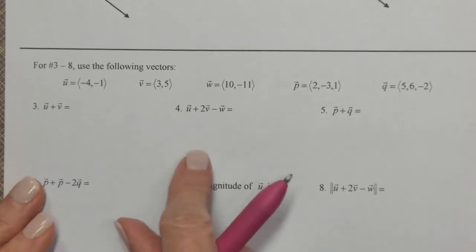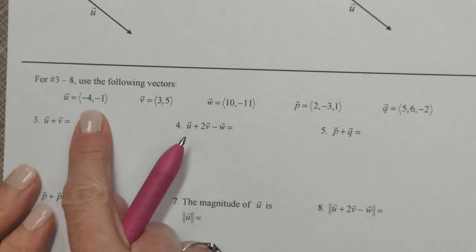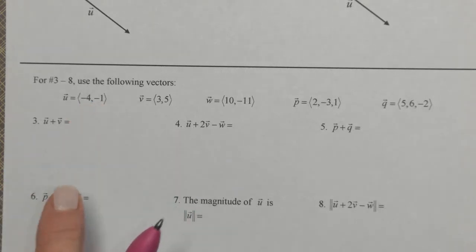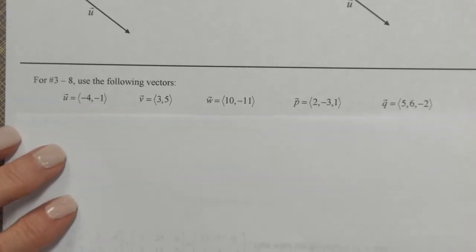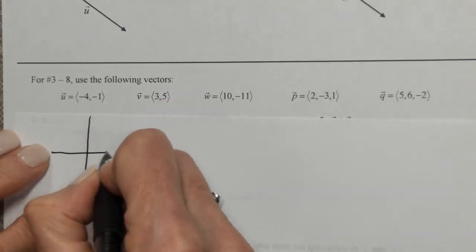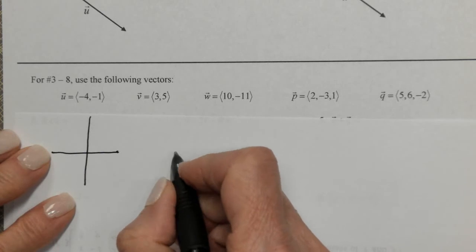We can also be given the coordinates. These would be like the terminal endpoints of your vector. So I could graph u by graphing that terminal point.